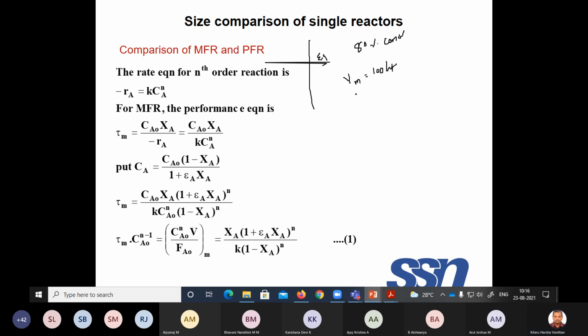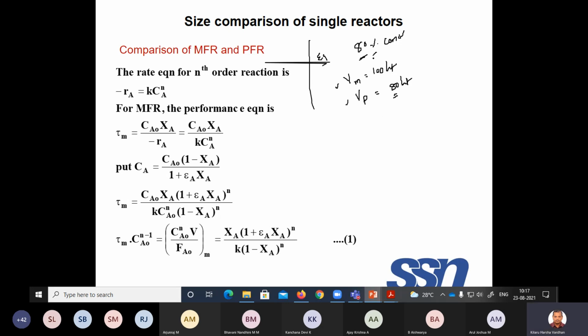PFR, that is the volume of the plug flow, let it be 80 liters. For the same conversion, if you keep one reactor, the volume of CSTR required is 100 liters. And if you use a plug flow reactor for the same conversion, you require, let it be, 80 liters.